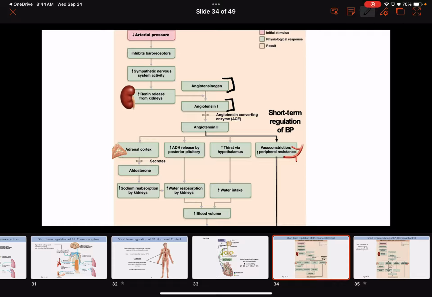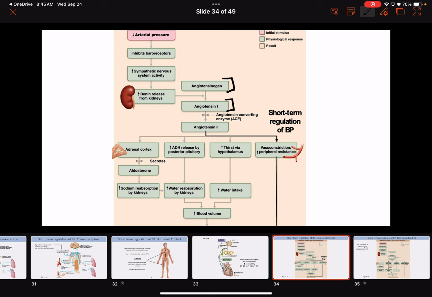Anytime you see something ending in -ogen, that means it's an inactive form of something. So angiotensinogen: angio meaning related to blood vessels, tension meaning pressure. Angiotensinogen is an inactive protein that regulates blood pressure. So angiotensinogen gets converted to angiotensin 1 through renin released from the kidneys.